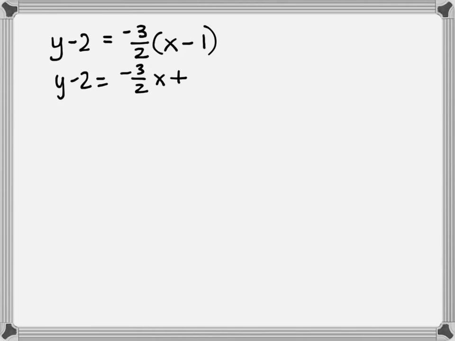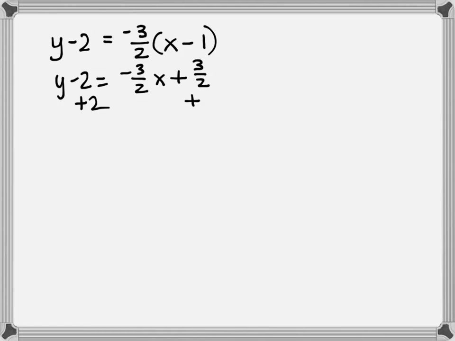All right, so we have y minus 2 equals, what was it? Negative 3, was it negative? Yeah, negative 3 halves. And then x minus 1. Perfect. All right, so we have y minus 2 equals negative 3 halves x plus 3 halves. And then what?